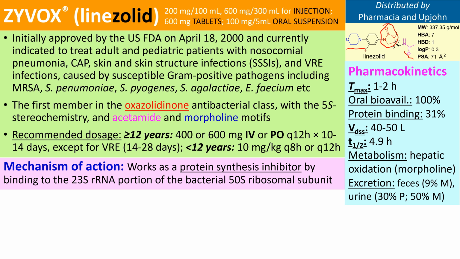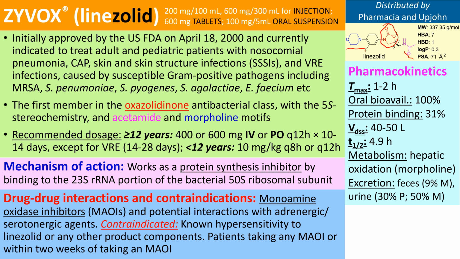Linezolid is primarily metabolized by morpholine oxidation, producing two inactive ring-opened metabolites. Excretion. In the urine, about 30% as unchanged parent drug molecule and 50% as metabolites. In the feces, about 9% as metabolites.